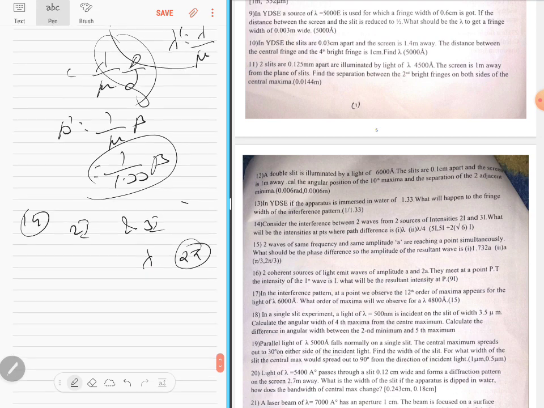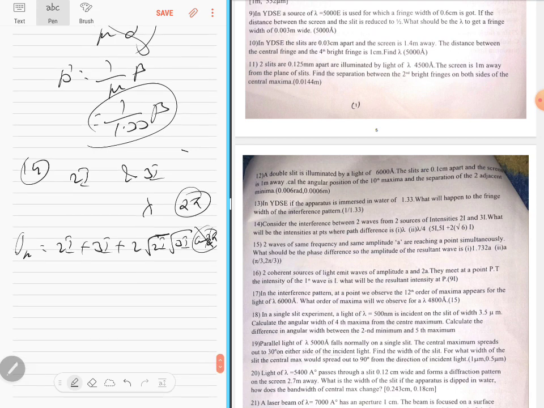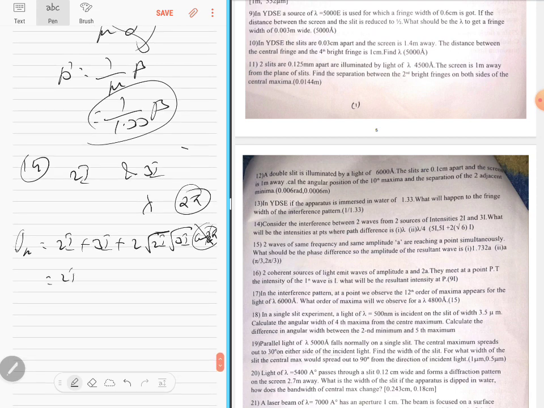This is the angle you need to put, and the resultant intensity is I1 plus I2 plus 2 root I1 into root I2 into cos 2 pi. Cos 2 pi is nothing but cos 0, which is 1. So this is 2I plus 3I, which is 5I, plus 2 root 6 into I. I can be taken out common, so it's 5 plus 2 root 6.